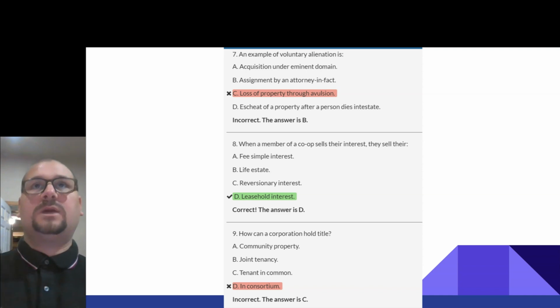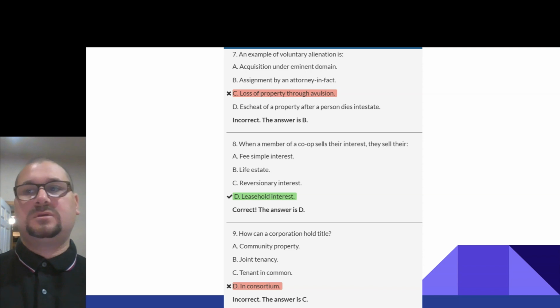They both have a co-op interest. Are they selling their fee simple interest? No. Life estate? No. Reversionary estate? No. Their leasehold interest.